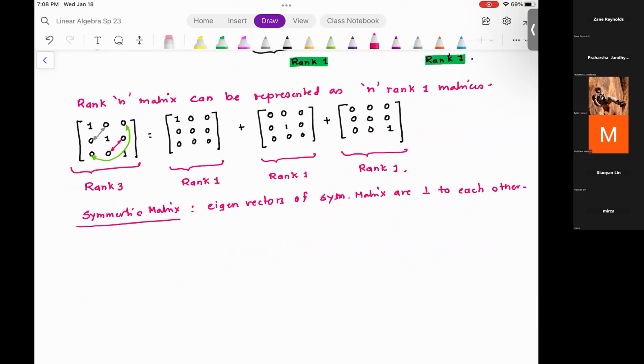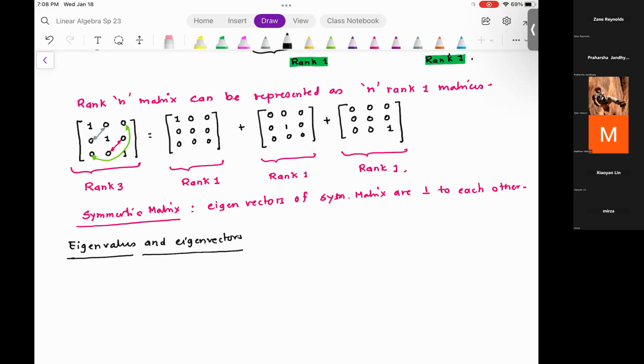So that brings me to my next topic, the concept of eigenvalues and eigenvectors. What are eigenvalues and what are eigenvectors?